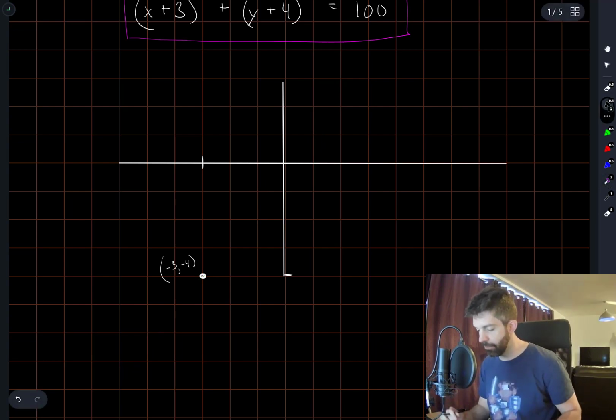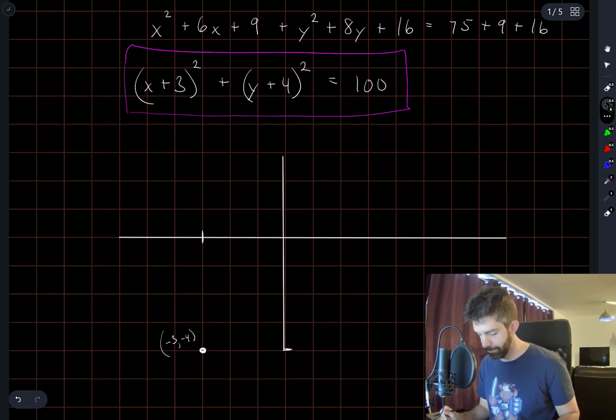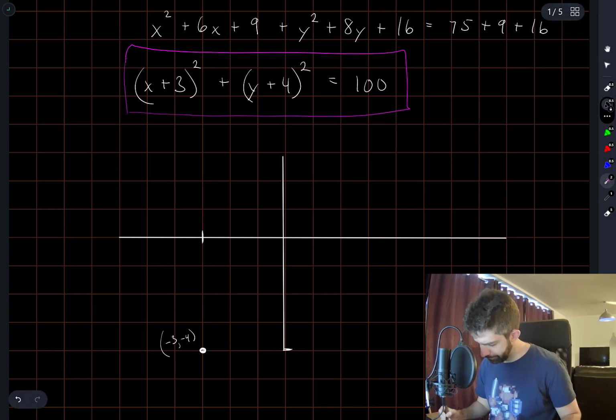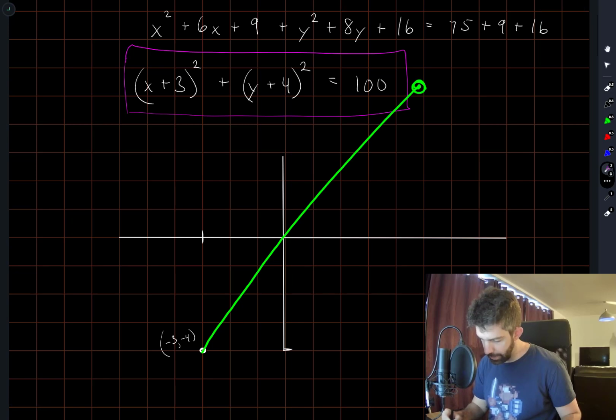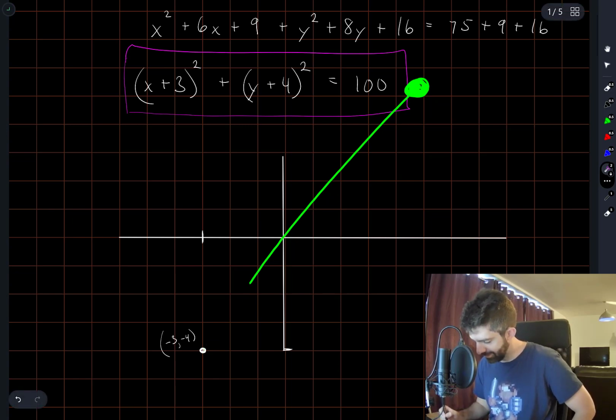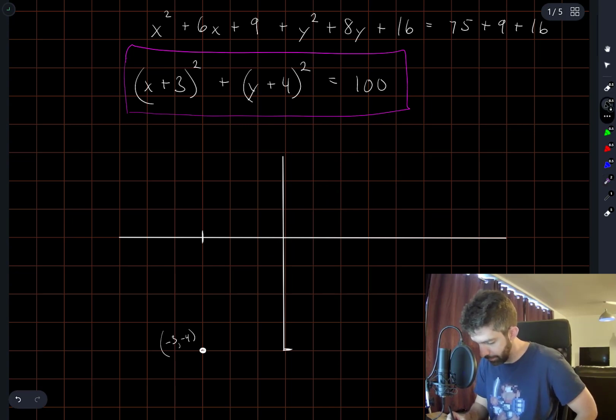Once I have that point of intersection, oh wait, no, there's a much easier way to do this. If I extend this line in this direction, I know it intersects the circle. The circle has a radius of 10. Okay, here's how we're going to do this. I know exactly where the point of intersection will be. It'll be at the point 3, 4. It'll be right there.